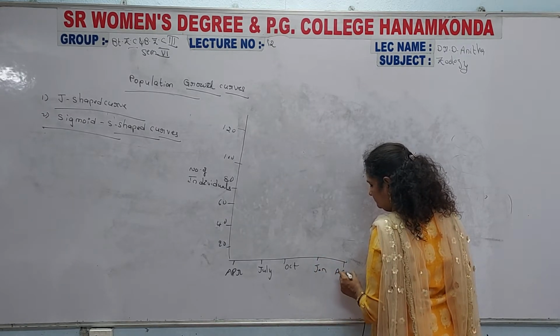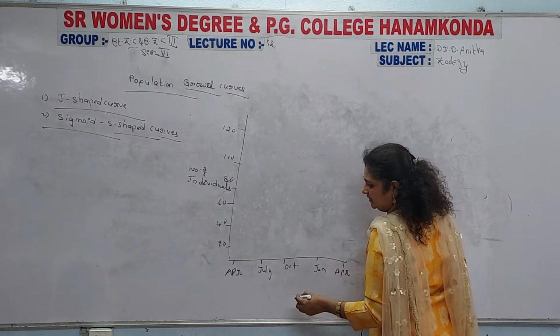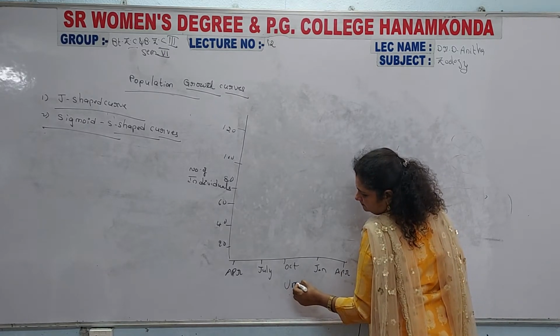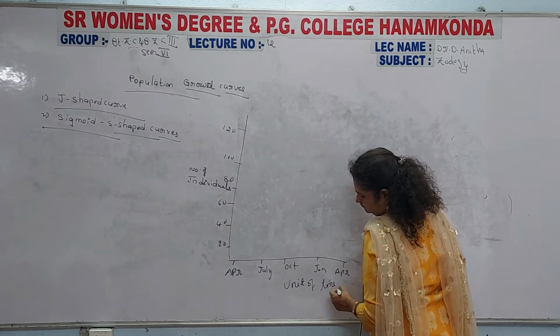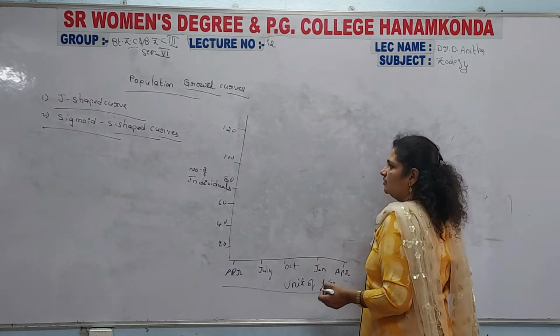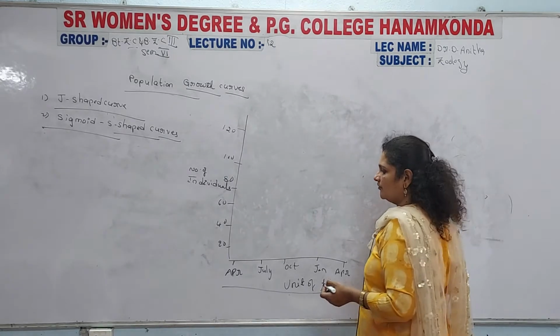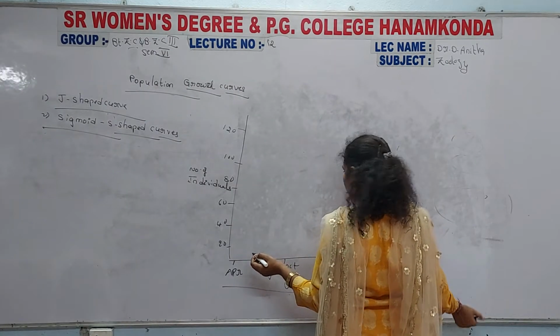April means it is a particular unit of time. So we have the number of individuals in a particular unit of time. So we make a graph, see this.